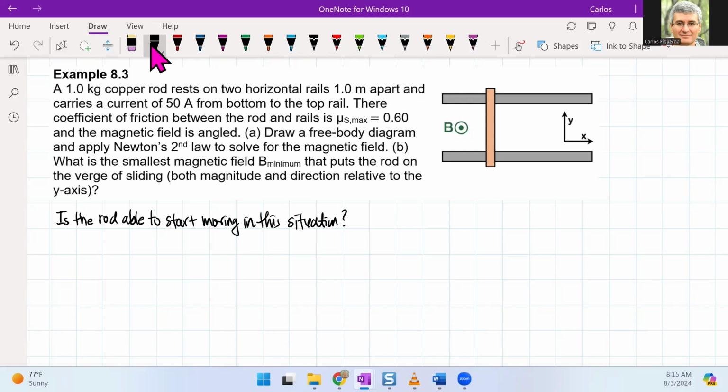So if we start to draw the rod, I imagine that we have something like this. We have a rod that's across these two rails. So here are my rails, and then I'm going to have my rod that's going to rest right across the top of this.